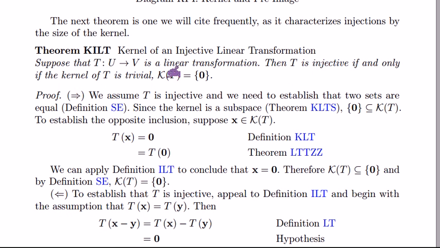Okay. All right, now, we noticed that in the case where we had an injective linear transformation, the only vector that mapped to 0 was 0. So in fact, if you have an injective linear transformation, the kernel is equal to 0. And you can prove that both ways.